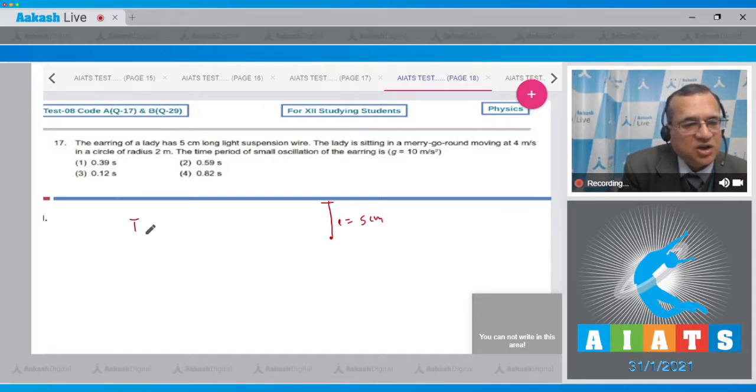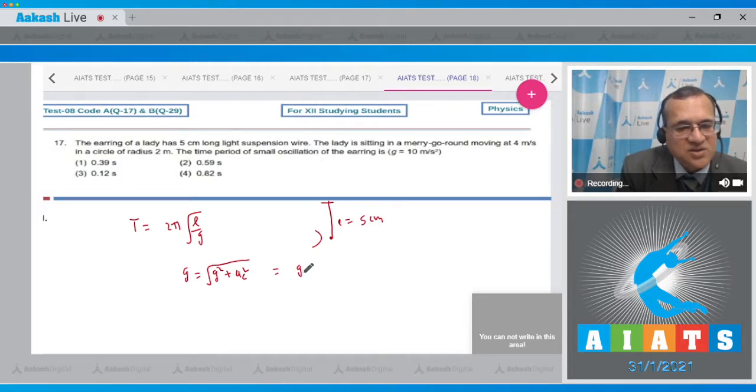Now, dear student, the normal time period would be equal to 2 pi root of L by g. But in this case, it is moving on a circular track, so there will be an additional acceleration, and the net acceleration becomes equal to root of g square plus a square, that is, root of g square plus (v square divided by L) whole square.